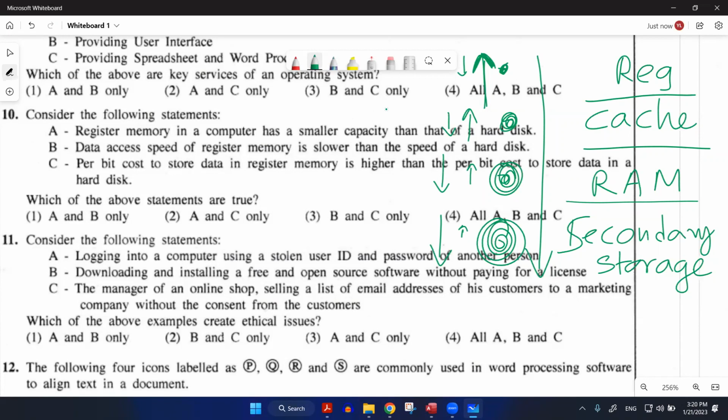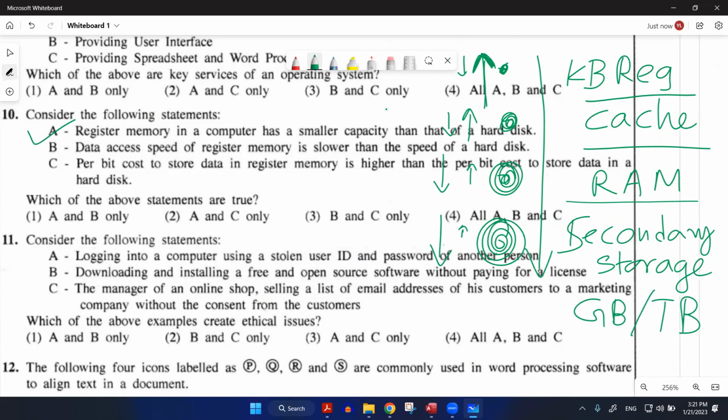So statement A says register memory in a computer has a smaller capacity than that of a hard disk. Yes, of course, hard disk is a secondary memory and register comes at the top. So register is small because it stays inside the CPU, and hard disk is big in size, right? Registers come in kilobytes. Hard disk storage usually goes with gigabytes and terabytes.